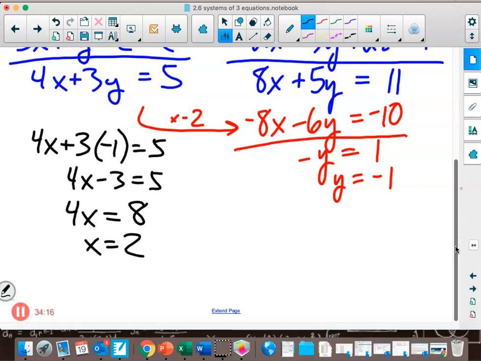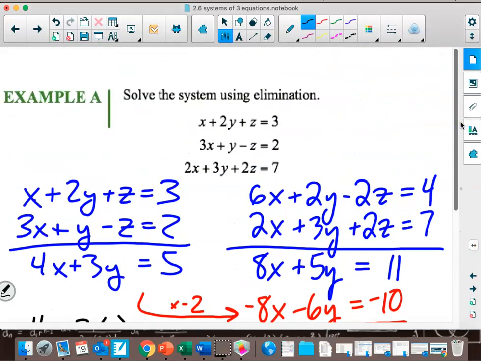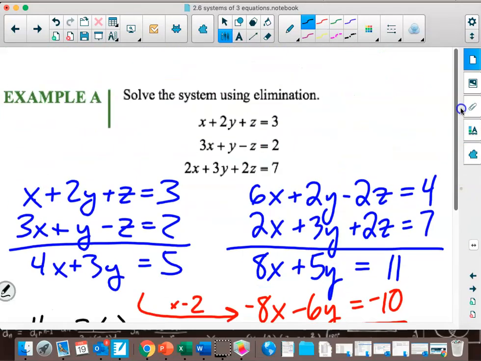So now I've got my x, I've got my y, I need a z. I'm going to plug into the top. You can plug into any one you want. I think the top looks easiest. Do you agree, Marcus? Okay. So what did I get for x? 2.